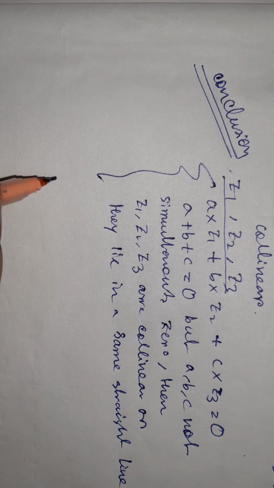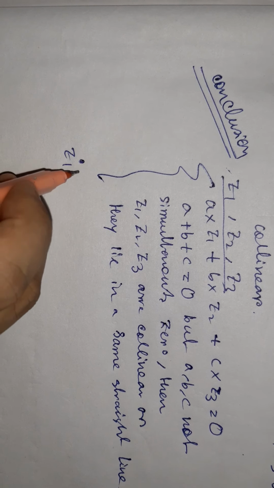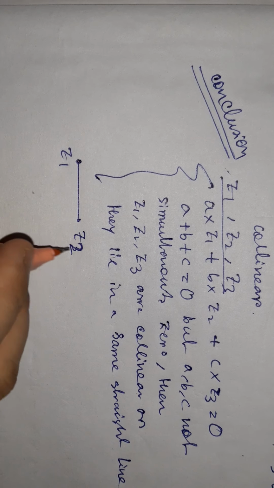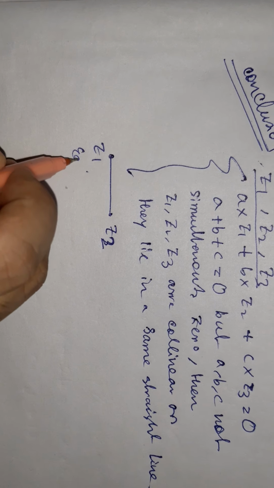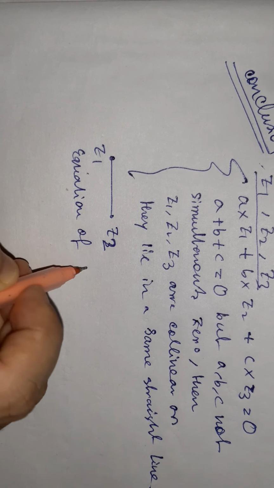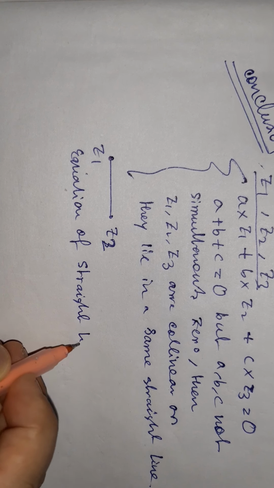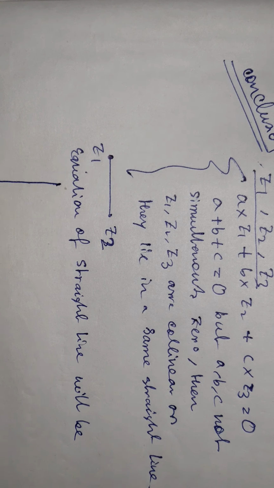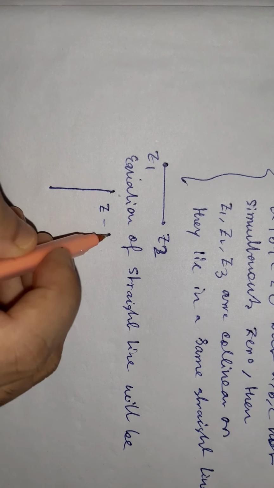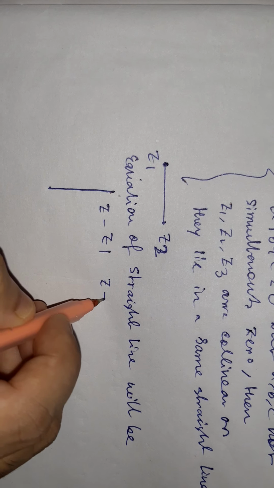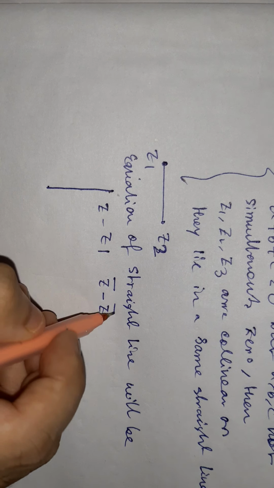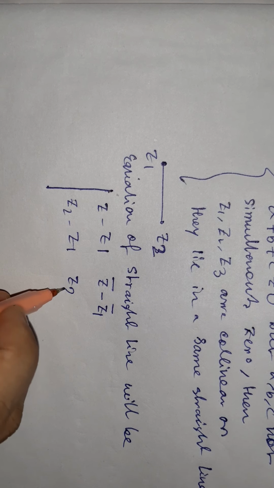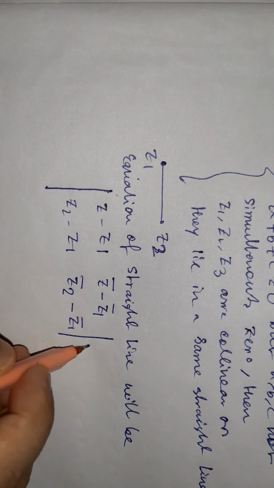If we have two points Z1 and Z2, then the equation of this straight line will be a determinant, not a mod: the determinant of Z minus Z1, Z bar minus Z1 bar, and Z2 minus Z1, Z2 bar minus Z1 bar, equals 0.